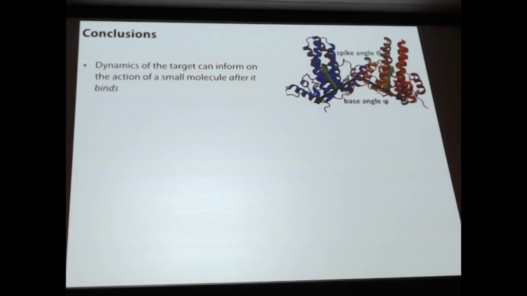Okay, so just wrapping up. What I hope I've impressed upon you and what we've certainly learned, I don't have any prior experience in this field, is that looking at the dynamics of the target, not just binding free energies, but the dynamics, can inform on how a drug works after it binds.